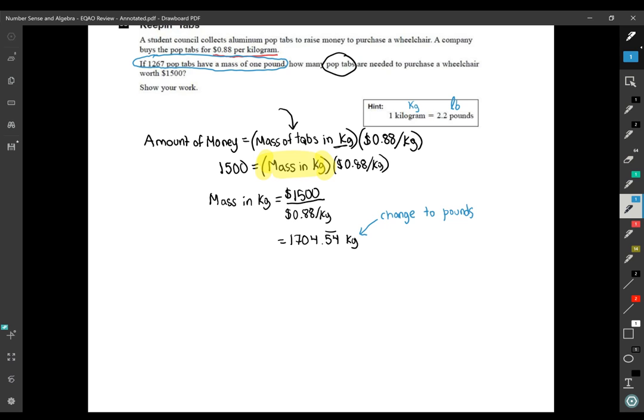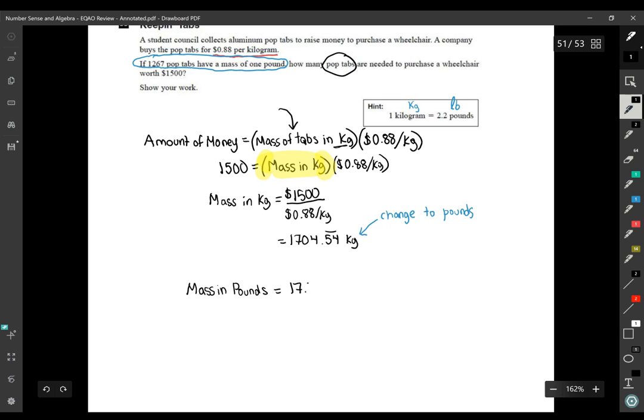Okay, so let's keep going. So let me just write mass in pounds, because that's what we want, mass in pounds. Well, it's going to be equal to the mass in kilograms, so 1704.54 repeating kilograms. Now what we have to do is create a conversion ratio.